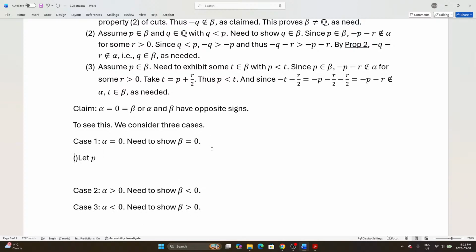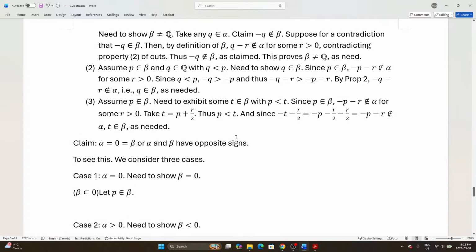Let's first show that beta is contained in 0. Okay. Let P be in beta. Let's see what happens next.